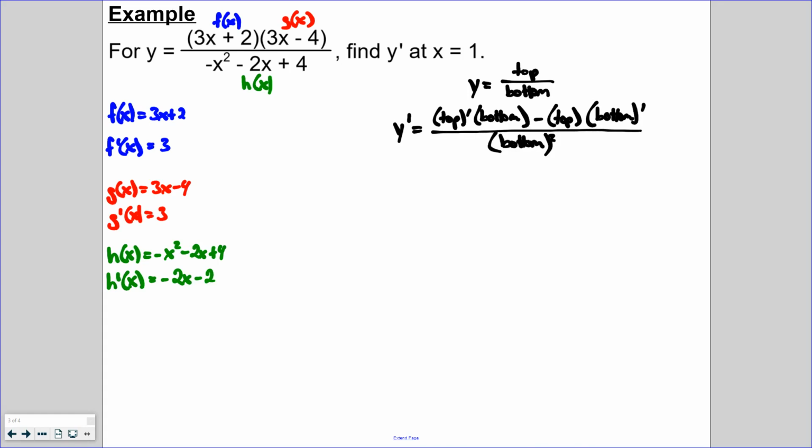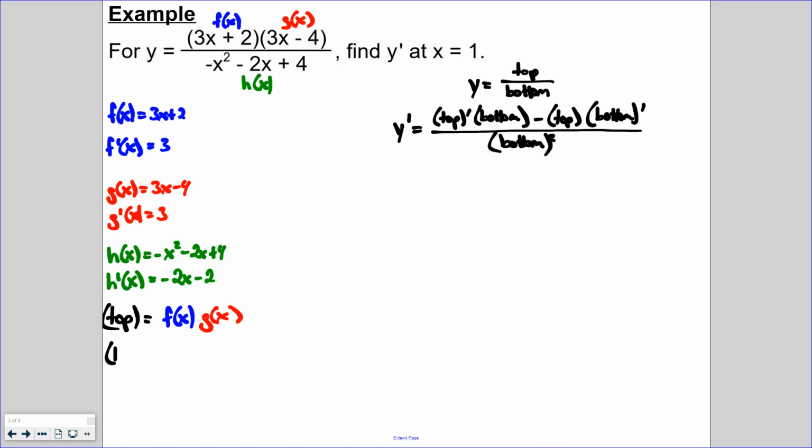Alright, so we now know that we have to use the quotient rule and we have the derivative. But first we need to define what the top is, what the bottom is, and then find their derivatives. Well, when we refer to the top, we're referring to the top of our fraction. So therefore, we can see that our top is going to be f of x times g of x.